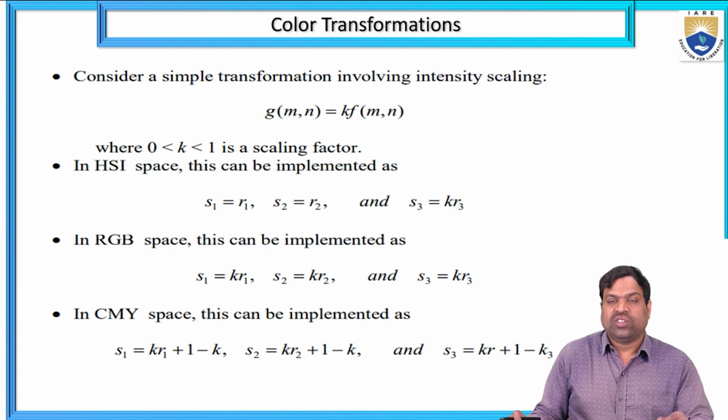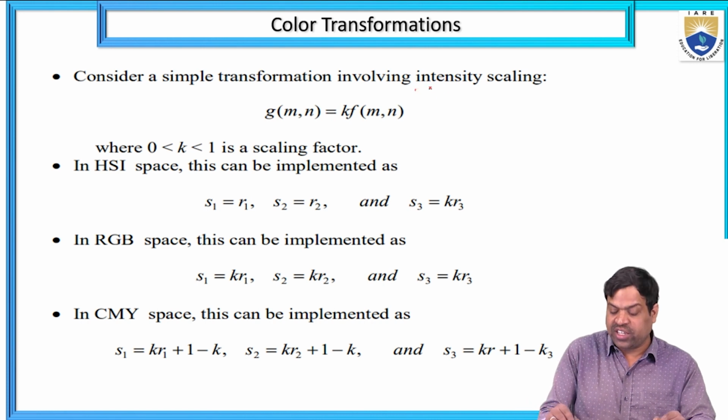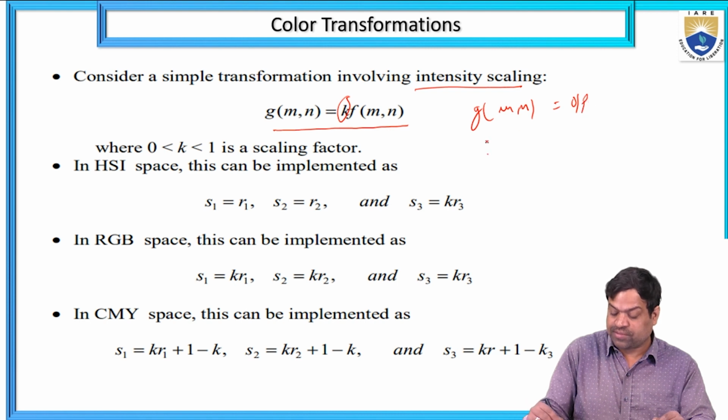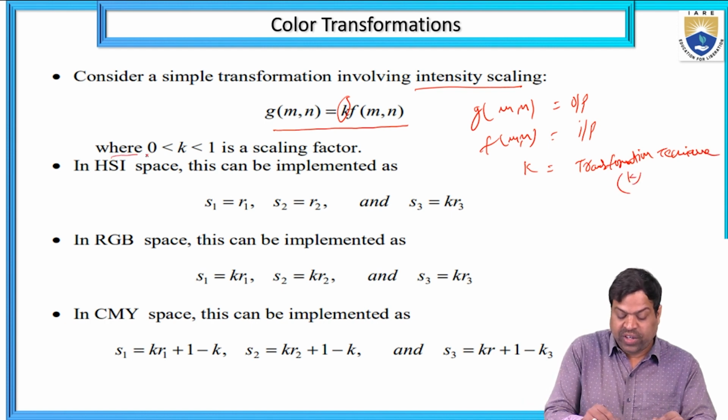So what is the equation for the transformation? It is a simple transformation involving intensity scaling: g(m,n) = k × f(m,n). Here g(m,n) is the output, f(m,n) is the input, and k is the transformation, where 0 < k < 1 is a scaling factor.